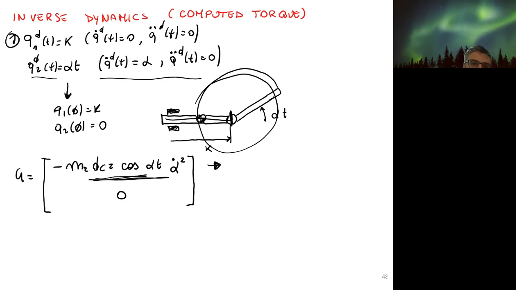So joint 2 rotates, creates a coupling, creates a force on joint 1, and joint 1 needs to counteract to avoid any acceleration, because we are requiring a constant position.